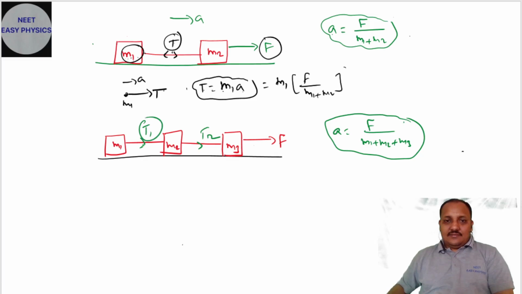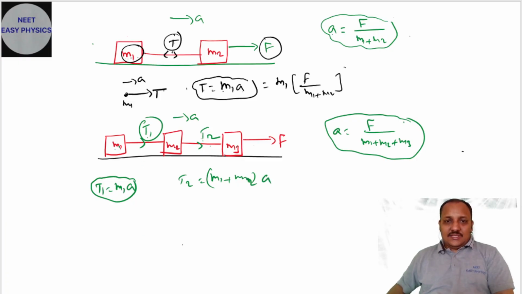Now, what is T1? T1 is going to be M1a, the resultant force. Now T2: behind T2 two masses are there. Therefore, T2 = (M1 plus M2)a. Directly we can remember, because you are applying force on M3.